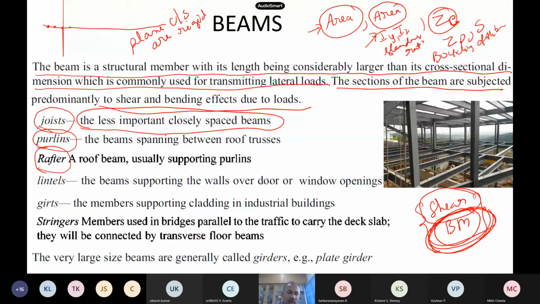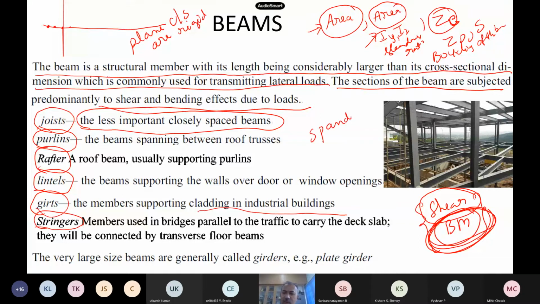Then the lintel beam, which in your houses is used over door and window openings. Then girts, another technical word, used for cladding in industrial buildings. Then stringer beams, used in plate deck slabs and other things. Then we have spandrels.